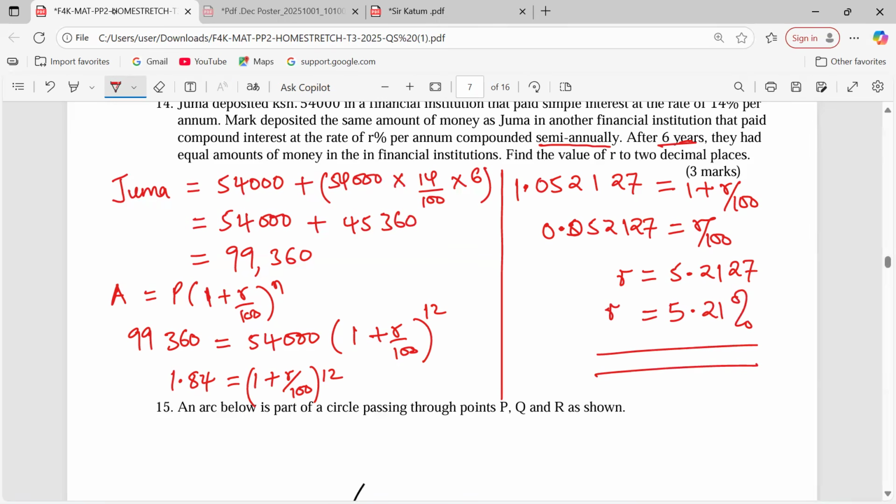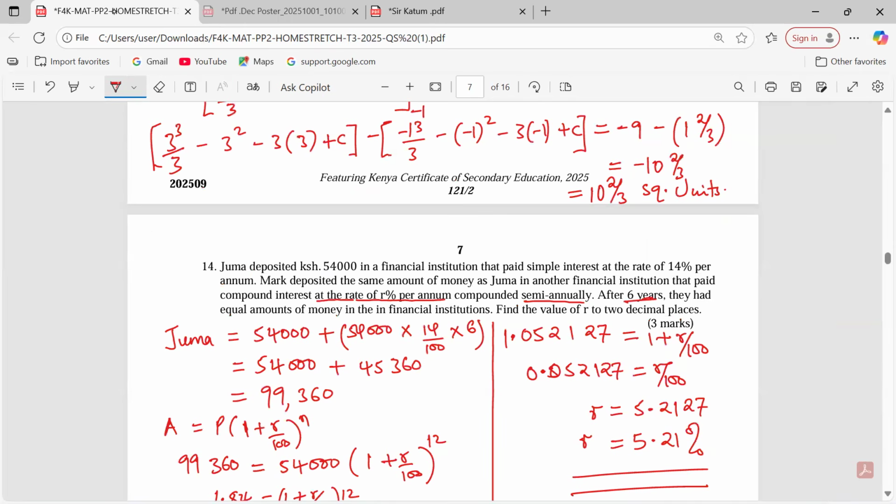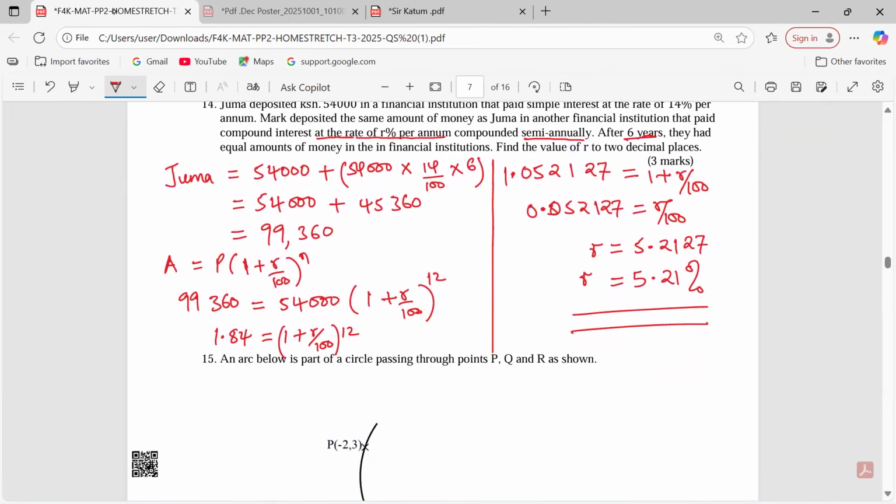But it's also good for you to know something. The rates are per annum. So this is the rate which was used in the semi-annuals. The interest that was applied in the semi-annuals is 5.2127, meaning that we can get the interest now per annum.